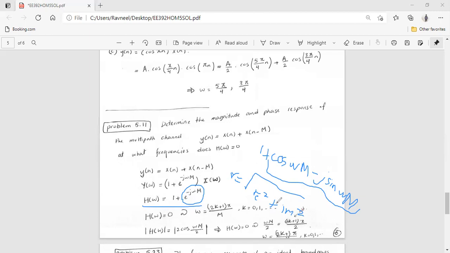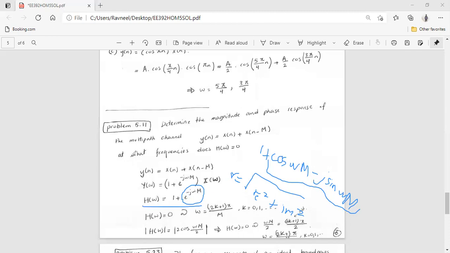Our phase can be given by, as earlier explained, tangent inverse of the imaginary part, which in this case is negative sine omega m, divided by the real part, 1 plus cos omega m. So tan inverse of imaginary value upon real value. That will give you the magnitude and the phase response.